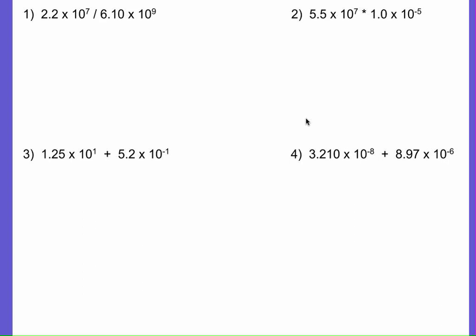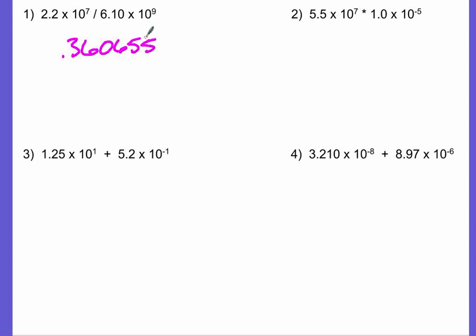All right, so number one, I have 2.2 times 10 to the 7th divided by 6.10 times 10 to the 9th. First thing that I'm always going to do is divide my numbers. 2.2 divided by 6.1 is going to give me an answer of 0.360655, whatever, it keeps on going.